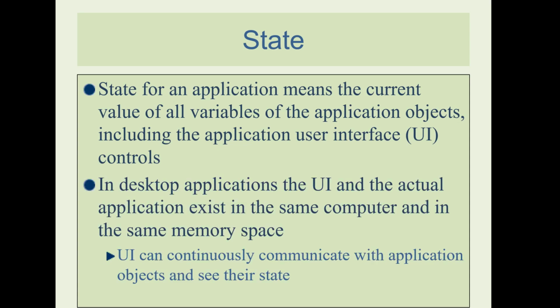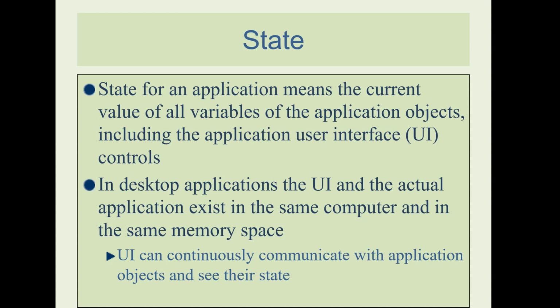In desktop applications, the separation between the user interface and the actual application is a little bit different from web applications, because the user interface and the application run in the same computer, so they live in the same world, so to say, and they also can share the same memory space.